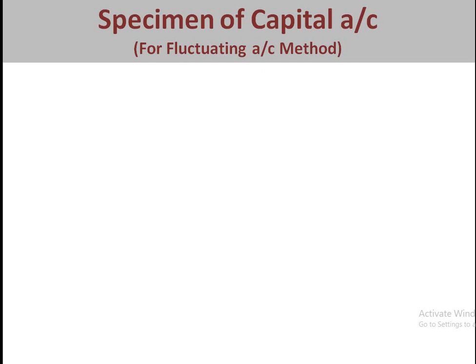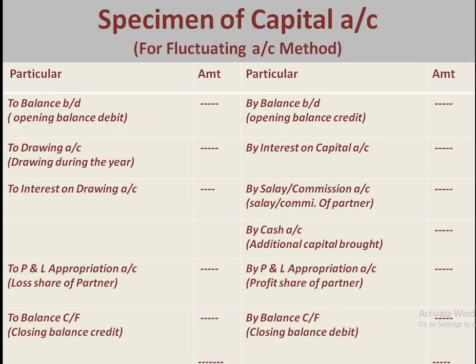Now let me show you the specimen of capital account, especially when you are following fluctuating capital account method. You can see capital account is like any account, debit side, credit side. Very first you can see opening balances.